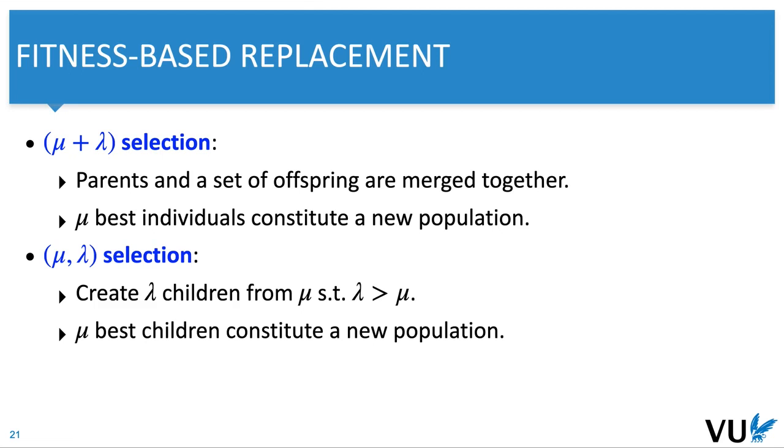And next is mu comma lambda, in brackets. We create lambda children from mu, such that lambda is larger than mu, and the mu best children constitute a new population. So you see that we disregard parents and we just look at children.